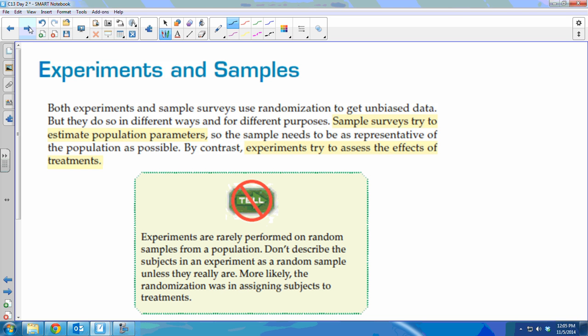This green box in your book that most of you wouldn't have read is really important. In a survey, we always pick random samples from the population, right? And that's appropriate, that's what we do. In an experiment, we do not select random samples from the population. Think about, you have enough common sense, if we were doing a medical experiment, okay? Do you just take a random sample of people from the population?